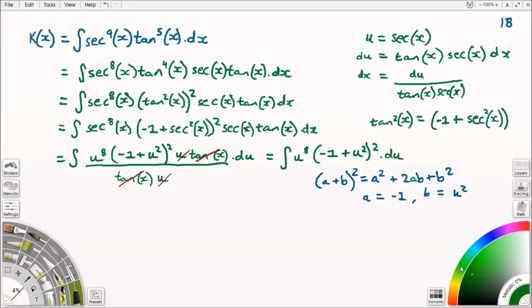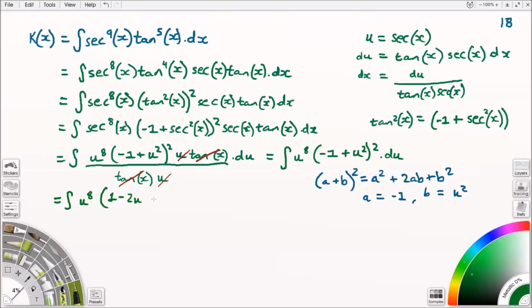So I'm just going to do that as we go here. So that's going to leave u^8 out the front. -1 squared will just give us positive 1. 2ab, well, that'll be -2u^4.